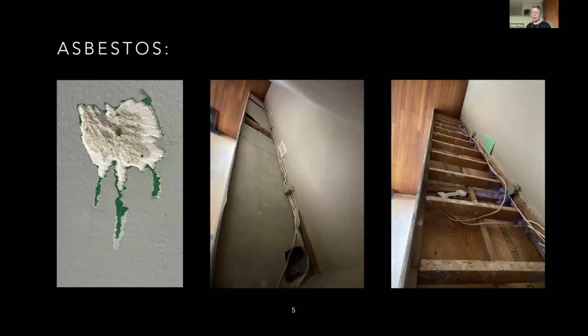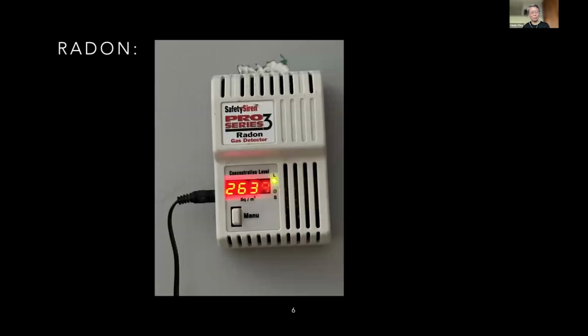I'm happy to say that it was remediated as much as we could tell, and so far we're in the middle of the construction right now. We haven't found any more asbestos, so I think that horror story has been addressed.